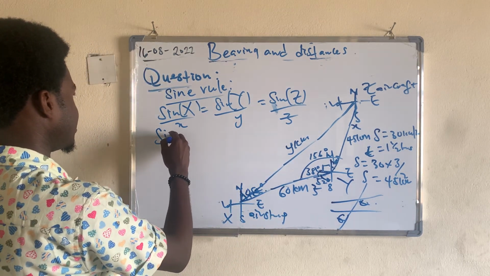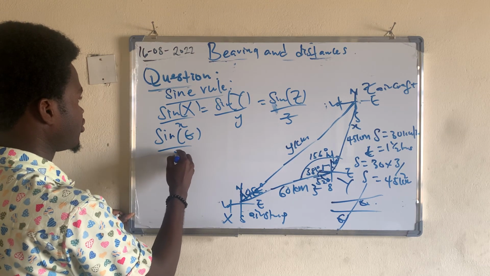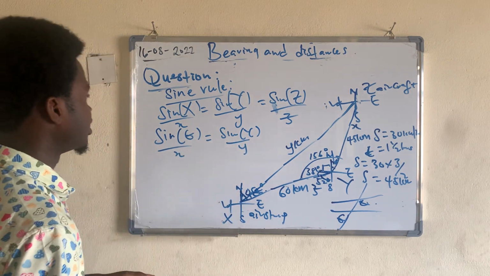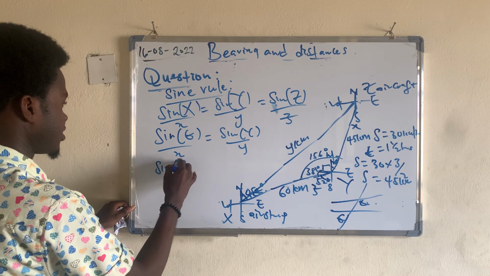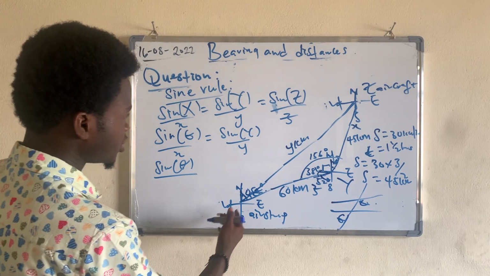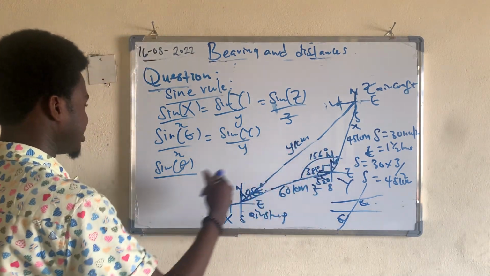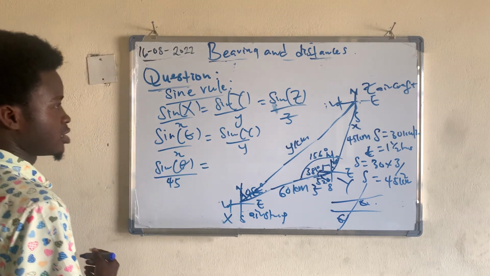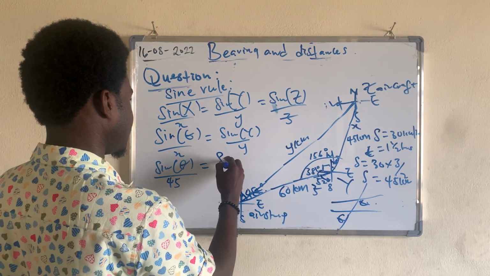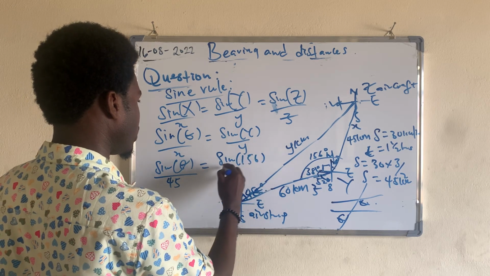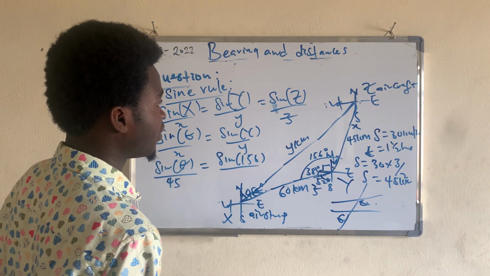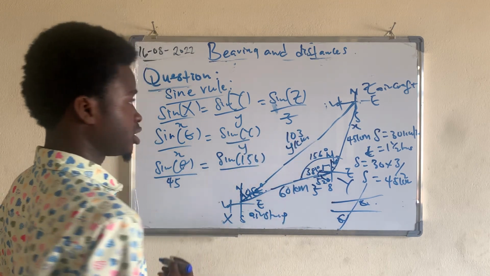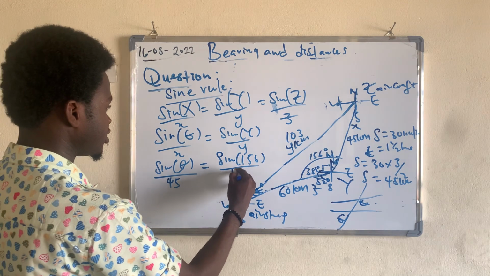So sine theta over small x is equal to sine y over small y. So that sine theta over x, so the opposite is 45, the side length there is 45, sine y. So sine of 156 over our y here, we obtained that to be 103.